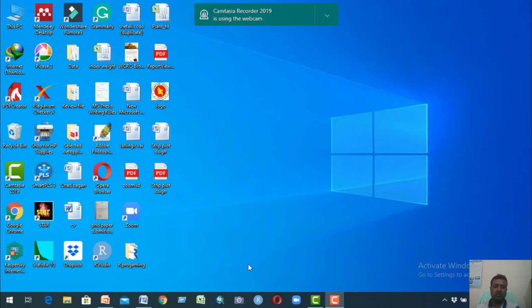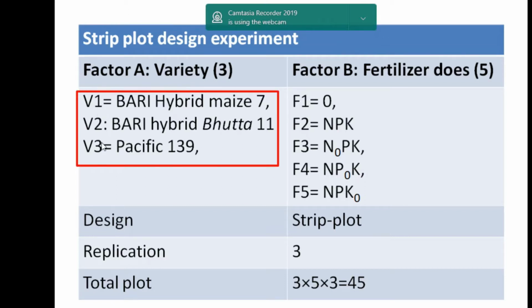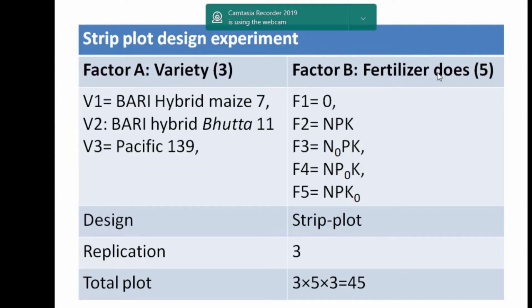At first we have to see what our experimental design was. It is a strip plot design experiment. Factor A is variety, with three varieties, B1, B2 and B3, and factor B is fertilizer doses, with five fertilizer doses. Design: strip plot, replications 3, total plots 45.